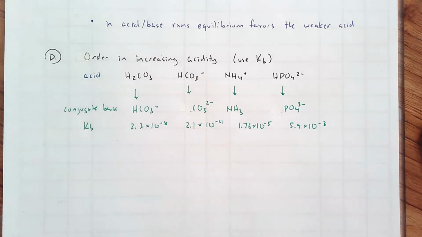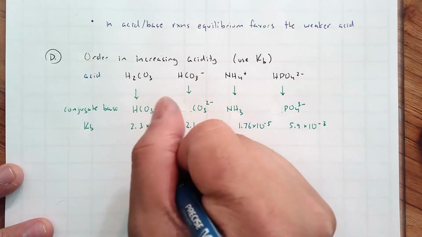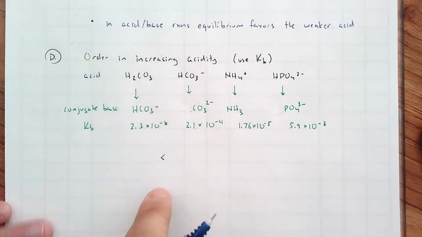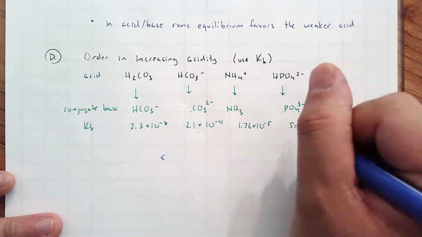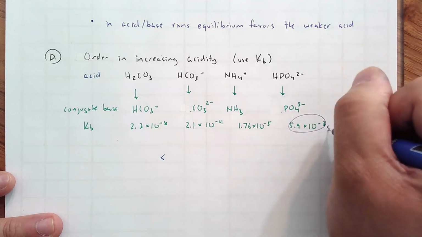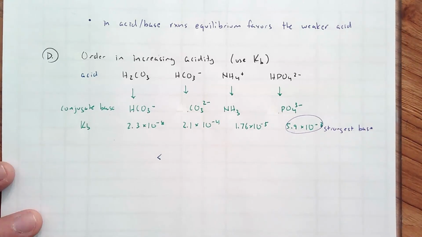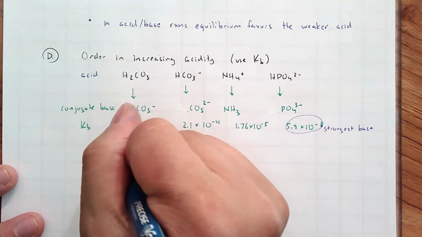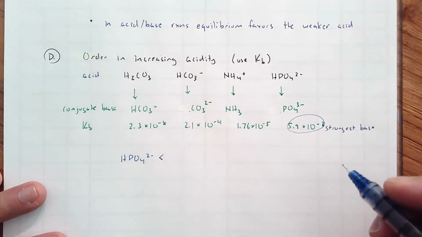Okay, I want to start with the molecule that has the lowest acidity, because we're going to fill in the greater sign like this. And the weakest acid comes from the strongest base. The strongest base is right here. And so I'm going to put here HPO4 2 minus is the weakest acid.